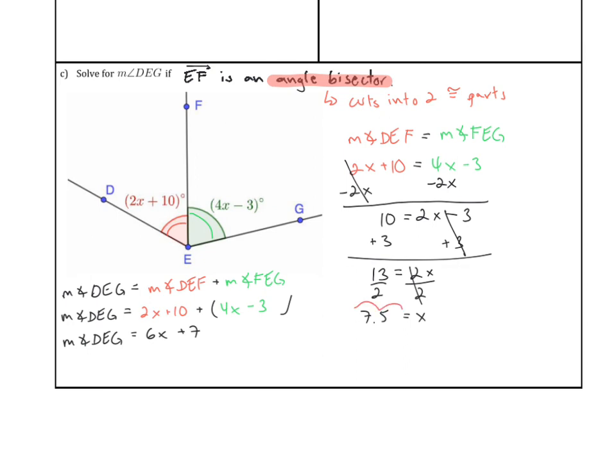Now, we can go ahead and take what our x was equal to and substitute it in. So we get that the measure of angle DEG is equal to 6 times 7.5 plus 7.